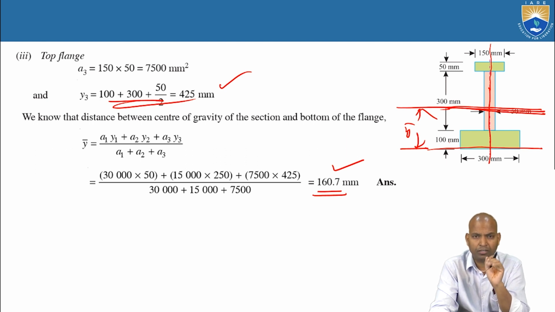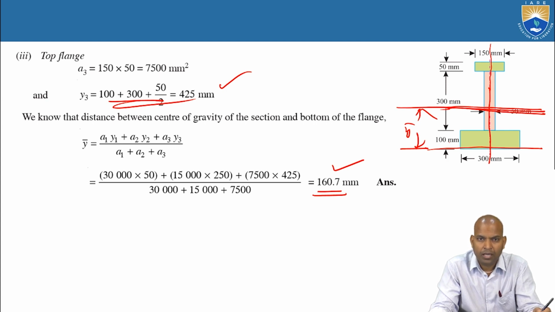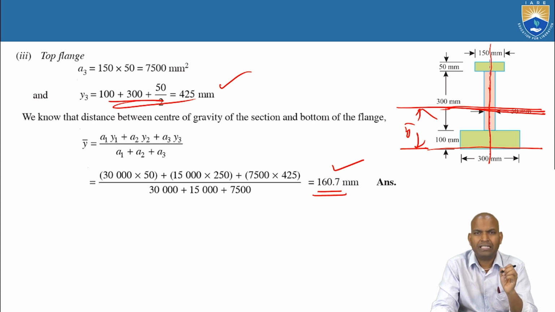For a single line of symmetry also, the location of the point of centroid can be on the geometry or outside the geometry. But for single line of symmetrical sections, the centroid definitely lies on the axis of symmetry.